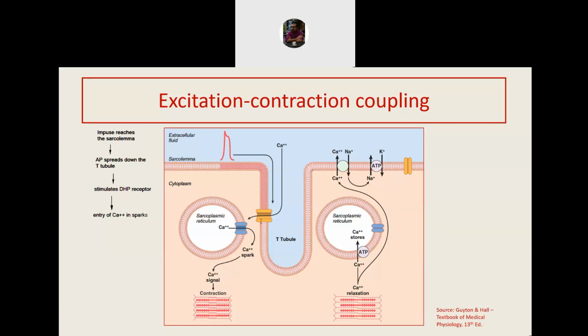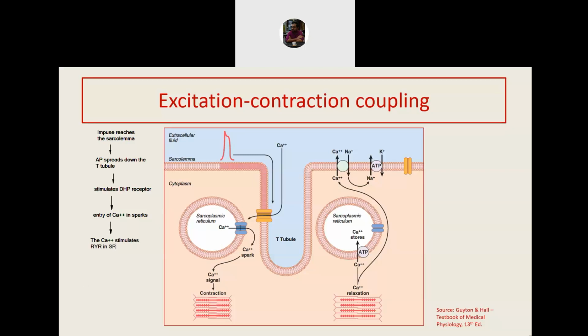And this spark of calcium stimulates another calcium channel, which is known as ryanodine receptor, present on the sarcoplasmic reticulum or endoplasmic reticulum. So the calcium stimulates the ryanodine receptor in sarcoplasmic reticulum.